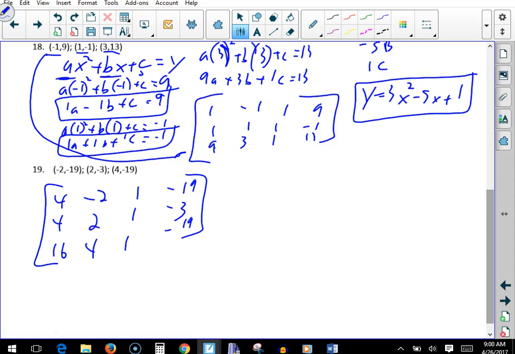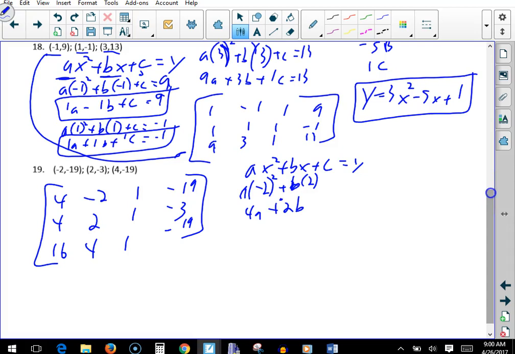Otherwise, again, you write this first, and then start plugging in. A, negative 2 squared, which is going to give you your 4A, plus B, parentheses 2, which is going to give you your 2B. This is negative 2, right?